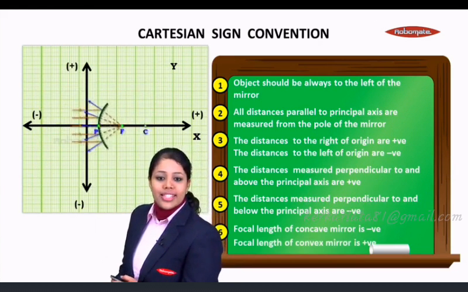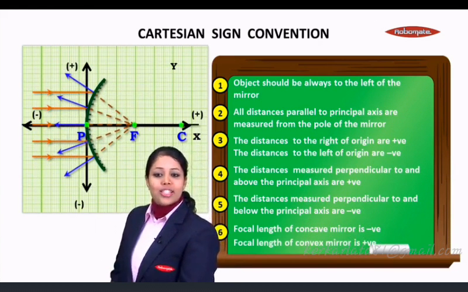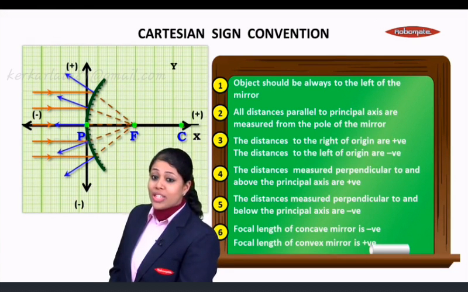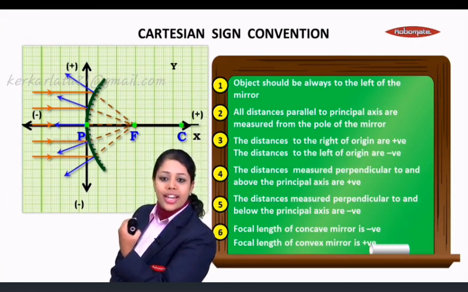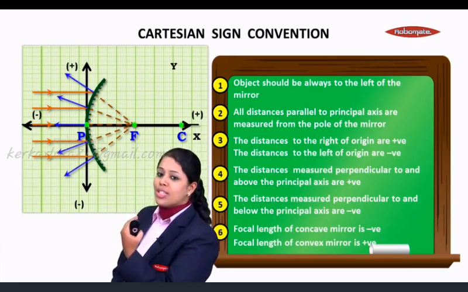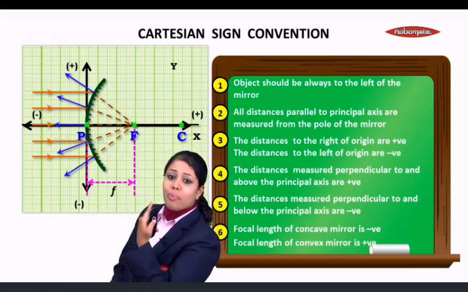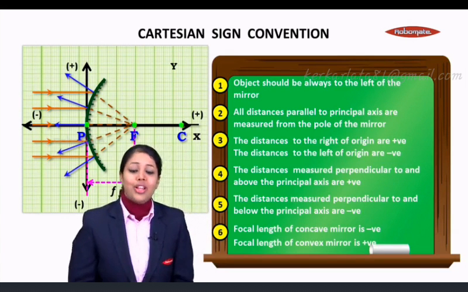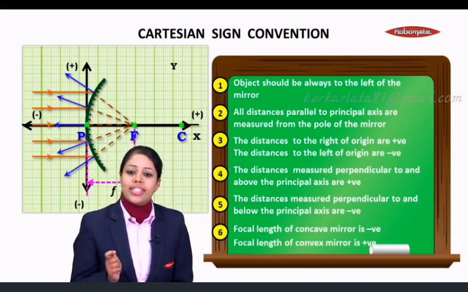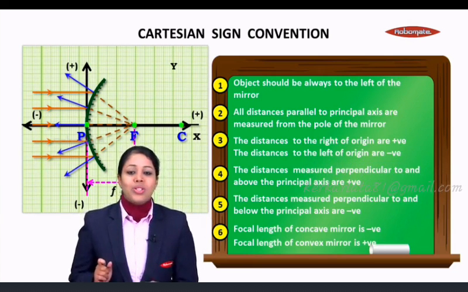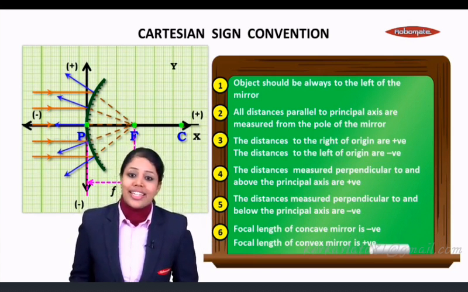Let's see for convex. The focal length of a convex mirror is positive. Why positive? Because the focus is on the positive side, right? When the focus is on the positive side, obviously the focal length, if you measure, is on the positive side, and we say the focal length of a convex mirror is positive. So here we complete Cartesian sign convention.